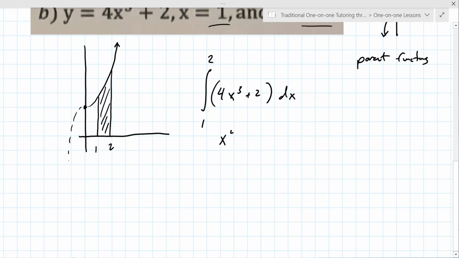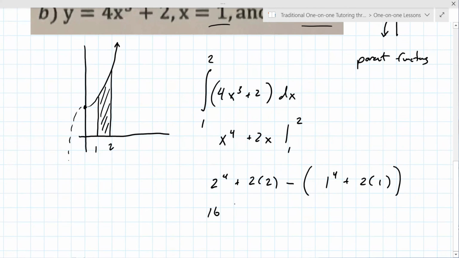So that's x to the 4th plus 2x evaluated from 1 to 2. So we get 2 to the 4th plus 2 times 2 minus 1 to the 4th plus 2 times 1. And that 2 to the 4th is 16 plus 4 minus 1 plus 2. Looks like 17 is your final answer.